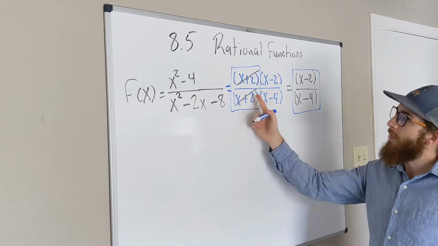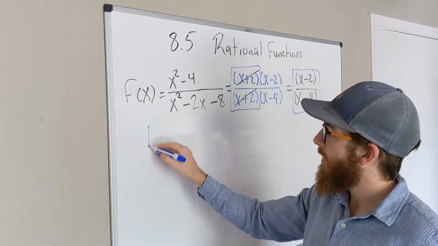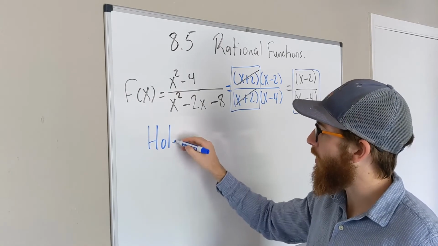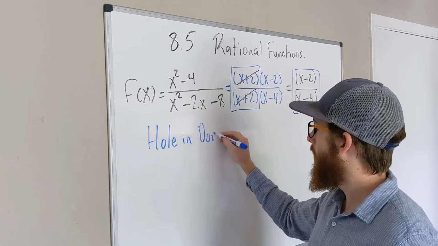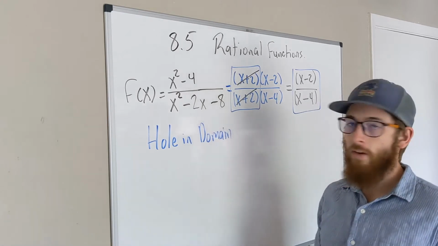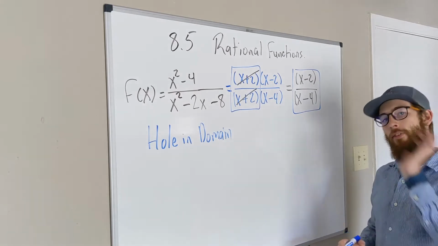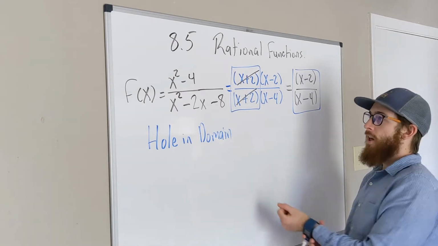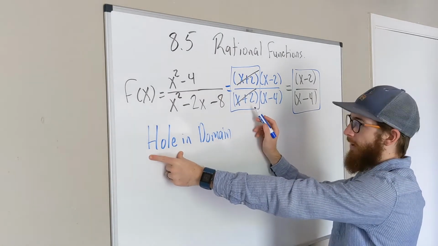So when things cancel, when there's a common factor in the top and the bottom, this is a hole in our domain. Our domain for this function is going to be a little bit different than what we've looked at in the past. The hole is going to appear when there are common factors.